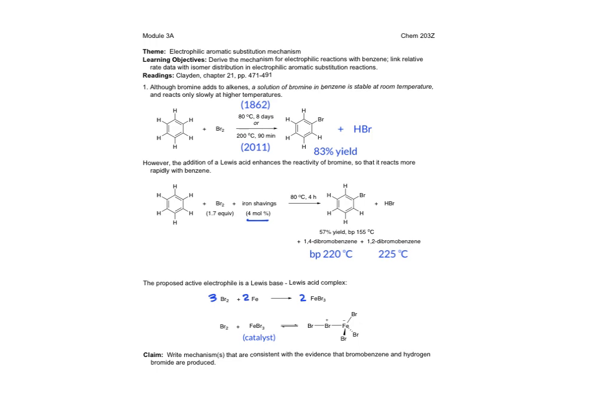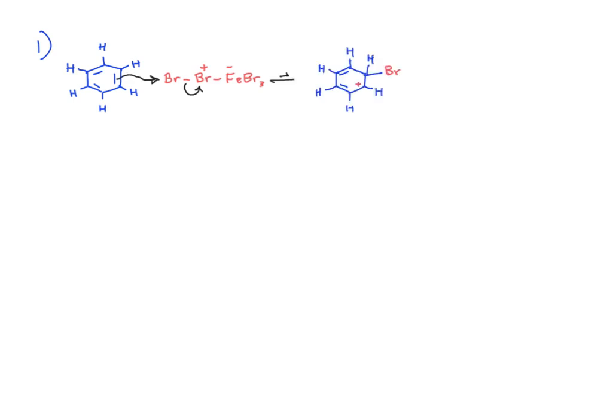We'll now write out some mechanistic claims that are consistent with the evidence that bromobenzene and hydrogen bromide are produced. The first claim that I will present is a mechanism that is described in the textbook. Benzene reacts with the bromine iron trichloride complex to form a carbon-bromine bond and a resonance-stabilized carbocation.